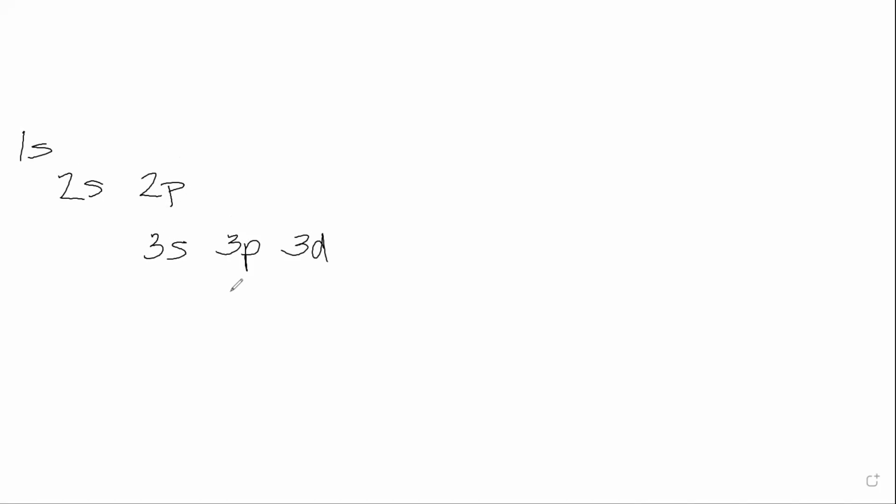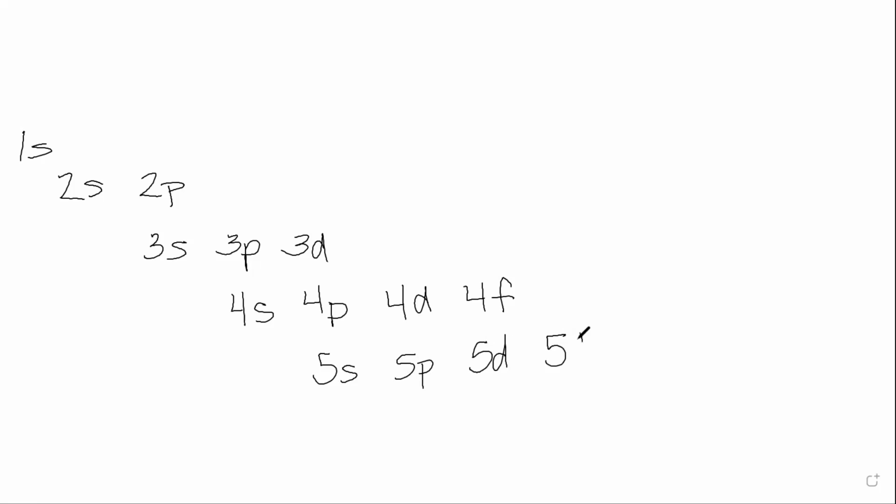Indent again. Level 4 has 4 sublevels, S, P, D, and F. Level 5, I'm indenting. Also has 4 sublevels, S, P, D, and F, because that's the only 4 we have. Then I indent again, level 6, S, P, D, F, and then indent again.